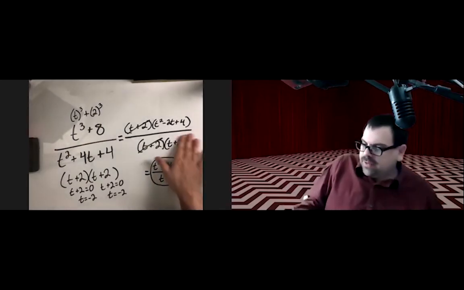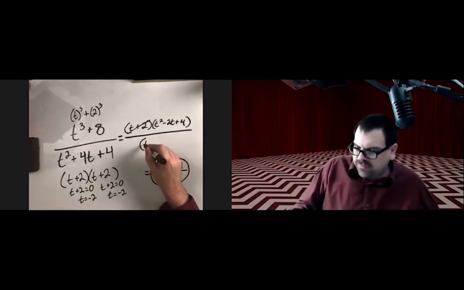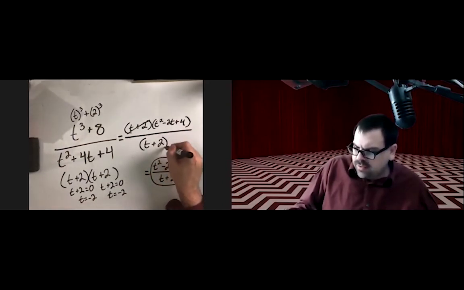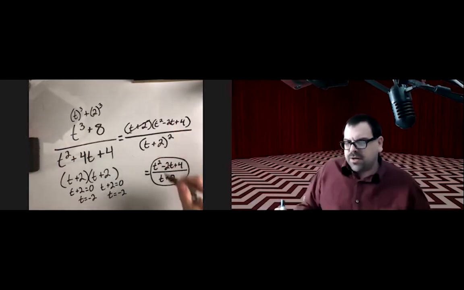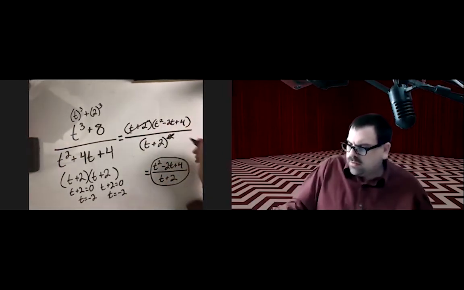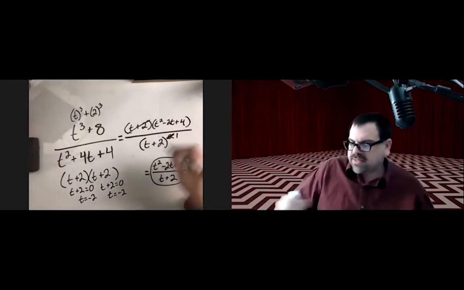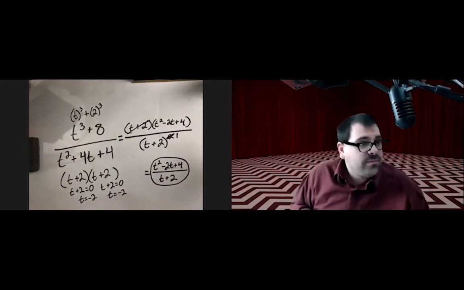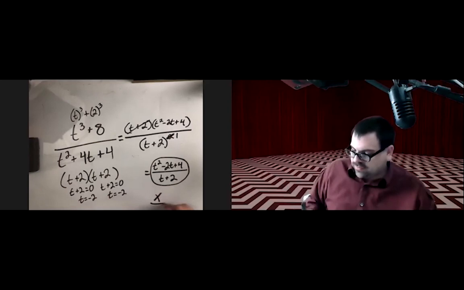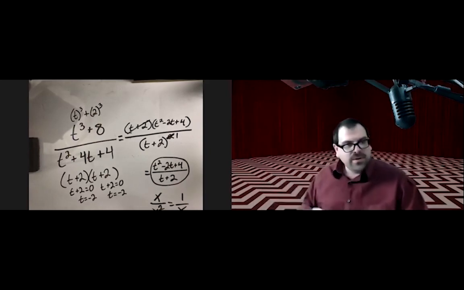And I said, for the visual, I'd show it that way. But if we had a t plus 2 squared on the bottom and a t plus 2 on the top, canceling one of them on top is canceling one of the factors on the bottom. Just like x over x squared would end up 1 over x. One more on the bottom.